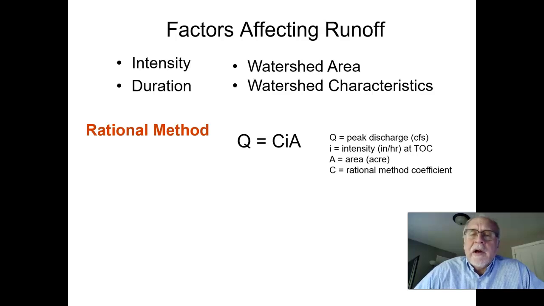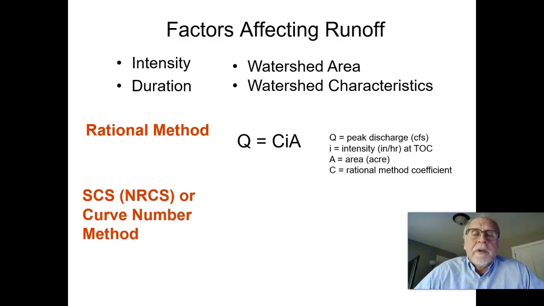So we have I times A in inches per hour times acres, and somehow we get cubic feet per second in there. That's because there's an unspoken or unlisted unit conversion in C, but really an inch acre per hour is about the same as the cubic foot per second. So C ends up being really the fraction that runs off.